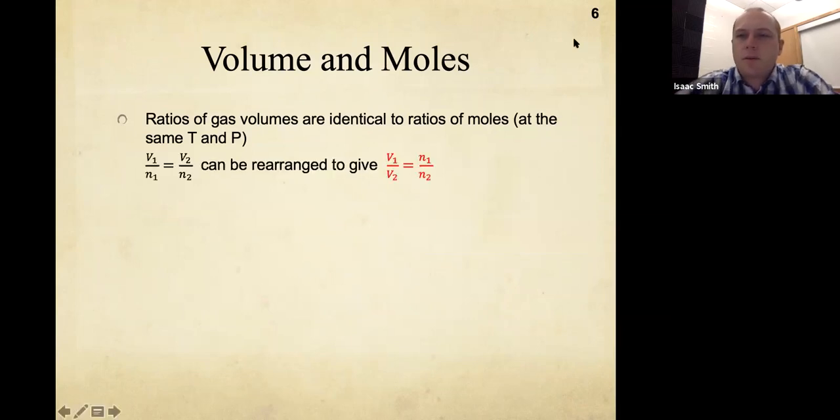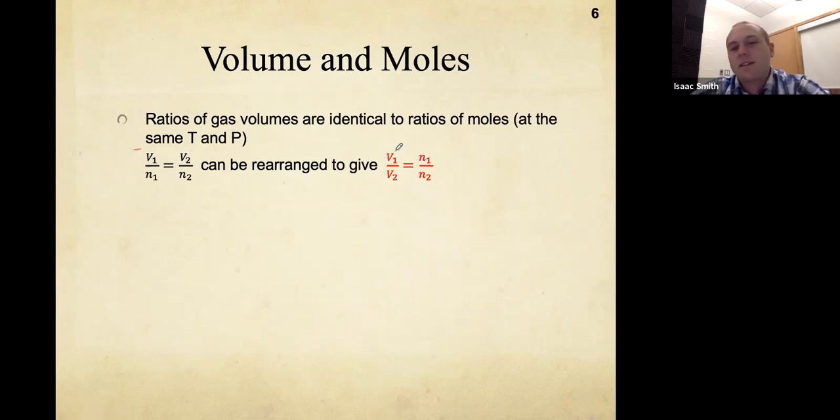So talking about volume and moles, the ratios of gas volumes are identical to the ratios of moles. Okay, so basically just reiterating the fact that volume and moles are proportionally related. If you divided both sides of this equation by V2 and then multiplied both sides by N1, you could rearrange it to get to this one.